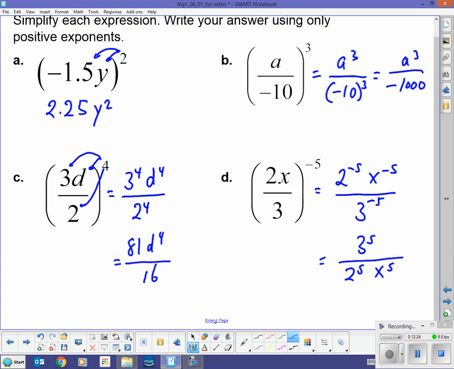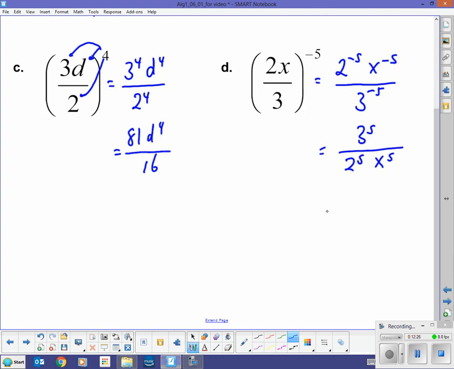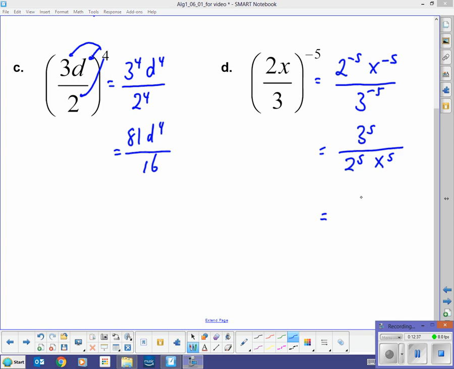And if you want to really simplify this all the way out, then 3 to the fifth becomes 81 times 3, 243. 2 to the fifth would be 16 times 2, 32. X to the fifth.